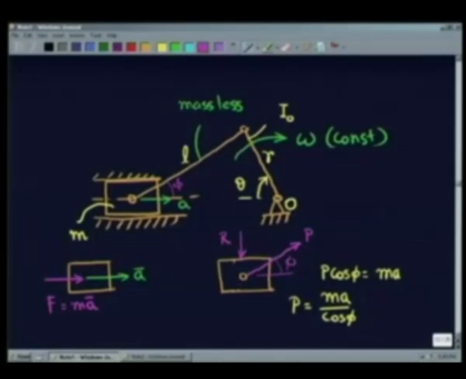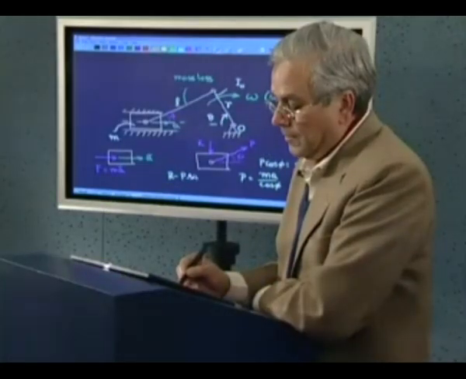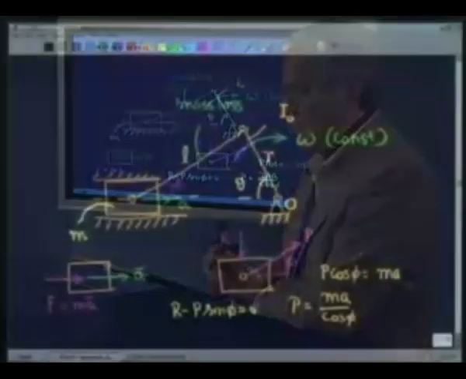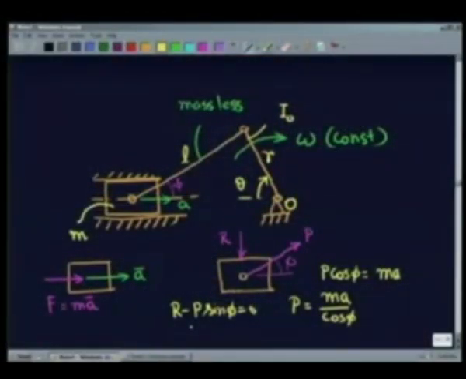So total force in this direction will be 0. So we can then write that R minus P sin phi is 0. That is, R will be equal to simply P sin phi.